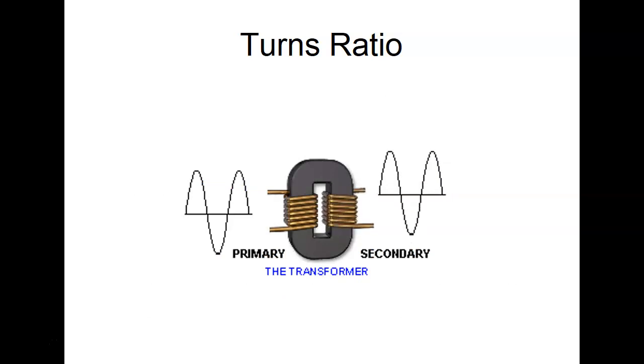And here, this is a pretty good animation. Here they're not changing the turns ratio on the primary. They're changing the turns ratio on the secondary. So we can buy transformers to step up. We can buy them step down. But one thing you can't do is rewire it, right? Understand?